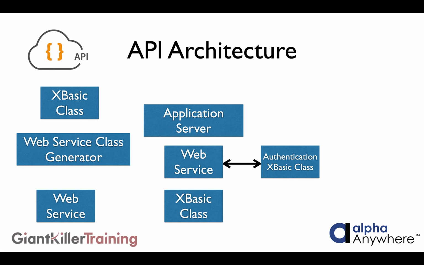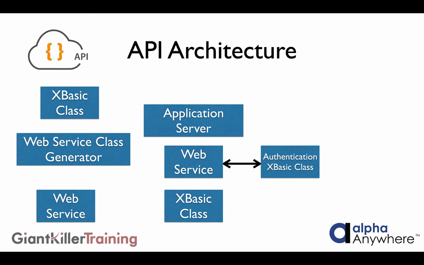But in this case, you have a dedicated function that is going to allow you to do authentication. Now, when the application server passes the information to the web service, it is going to look and say, oh, this API has to be authenticated. I'm just not going to pass it along into the XBasic class that then services it. So then it runs that XBasic class for authentication.